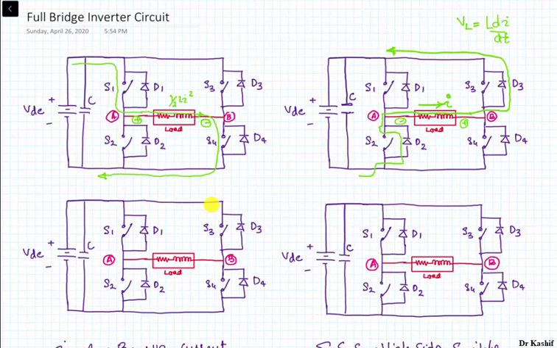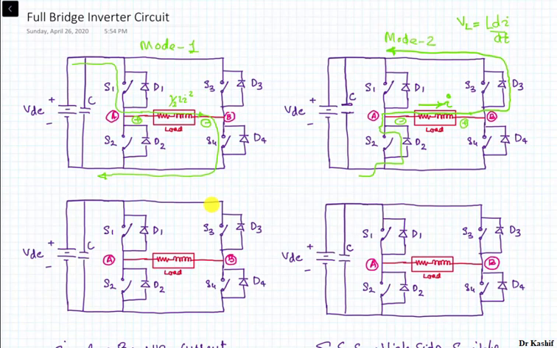So the stored energy that was half Li square is now being delivered back through the diode. The purpose of the diode in this circuit is to provide a path so that the stored energy in the inductor can be delivered back to your source. So in this mode of operation, your inductor is working as the source of energy. So let me call this circuit mode 1, and let me call this mode 2.